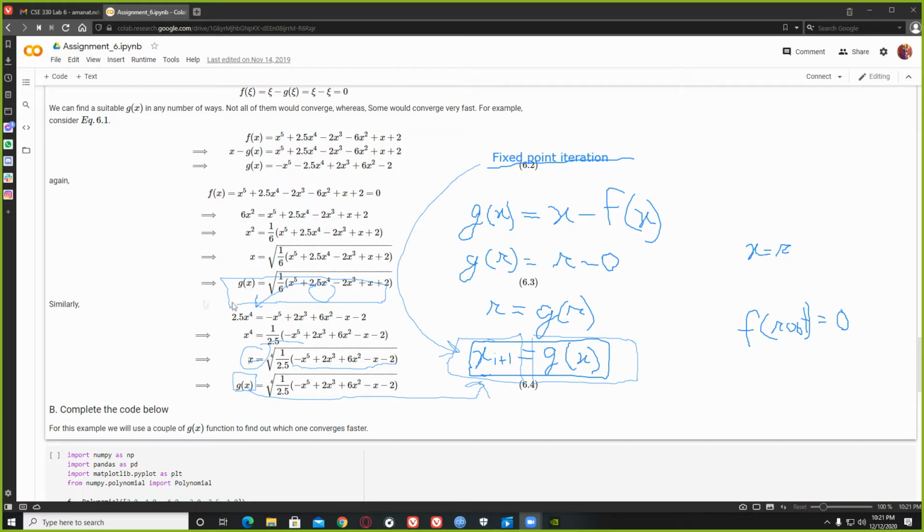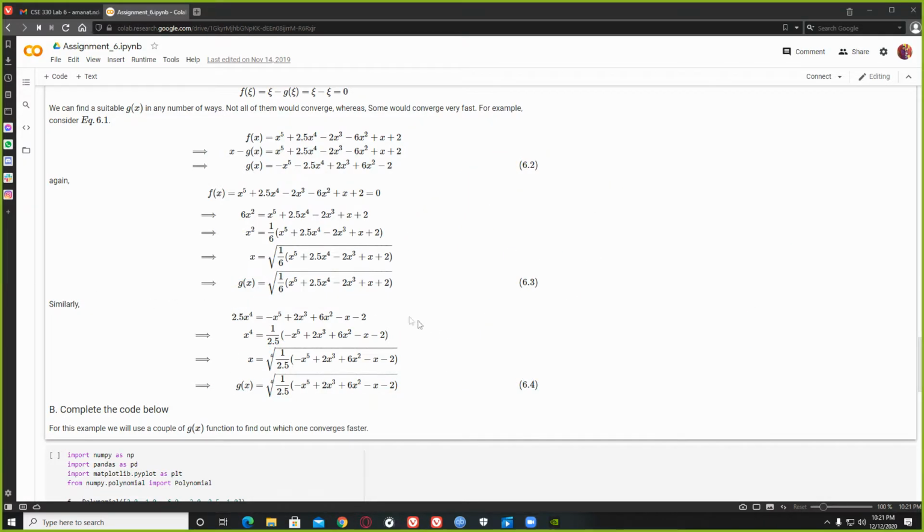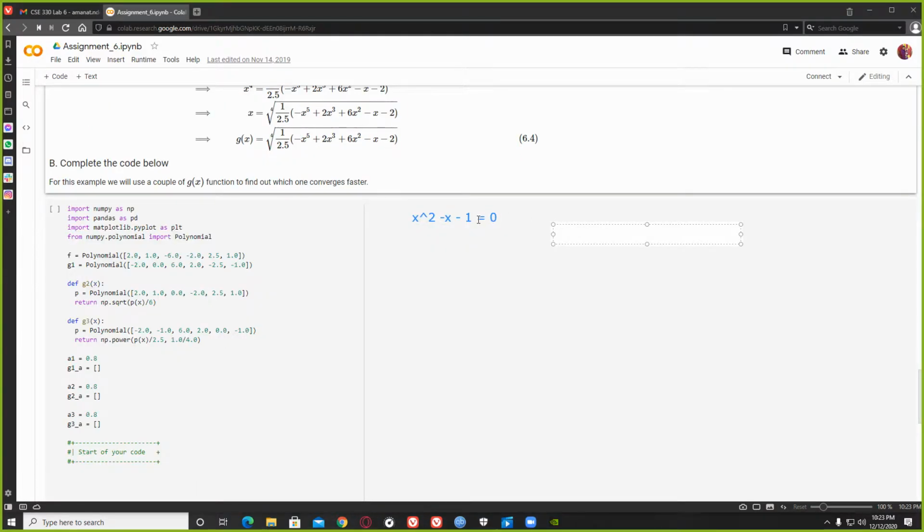And there are multiple ways which you can find the value of x. So we could have also taken 2.5 x to the power 4 and we will be left with another g of x.